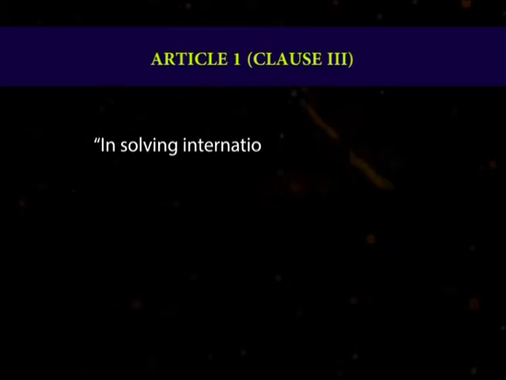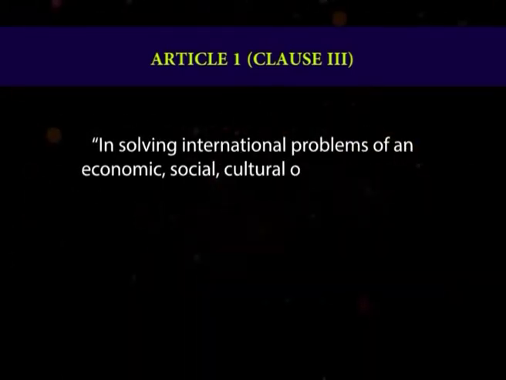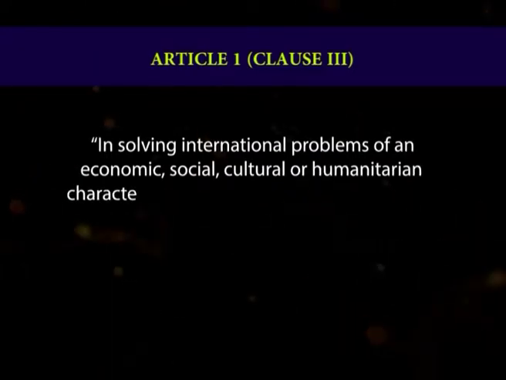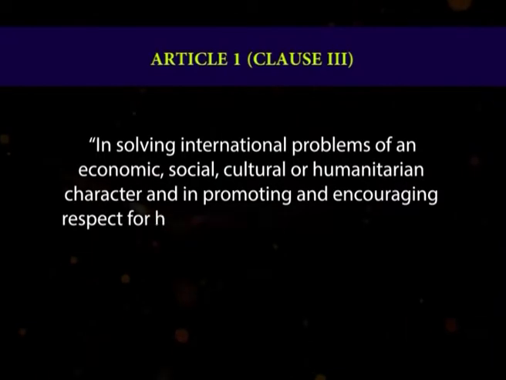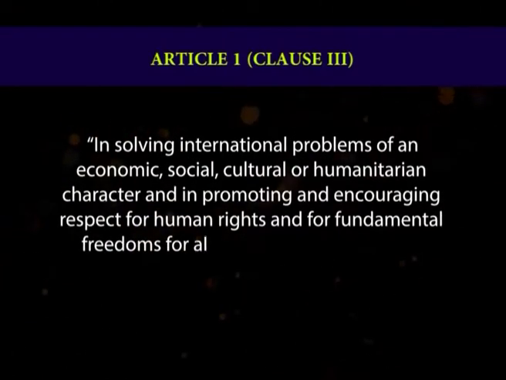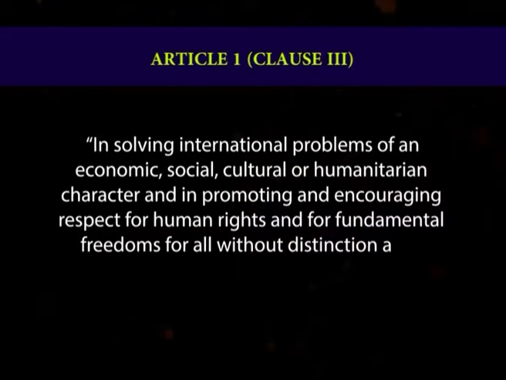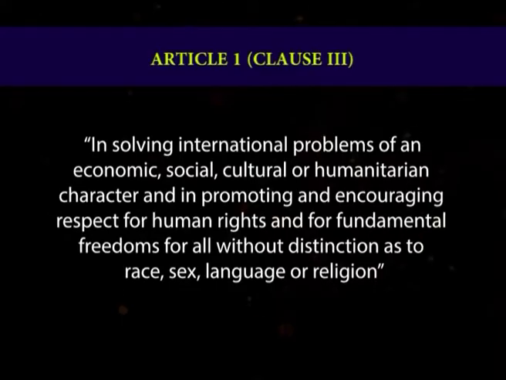For example, Article 1, Clause 3 refers to the development of cooperation in solving international problems of an economic, social, cultural or humanitarian character and in promoting and encouraging respect for human rights and for fundamental freedoms of all without distinction as to race, sex, language or religion.